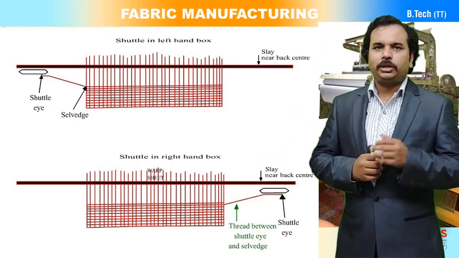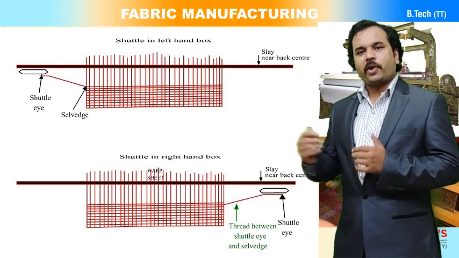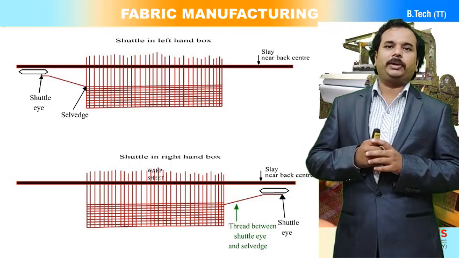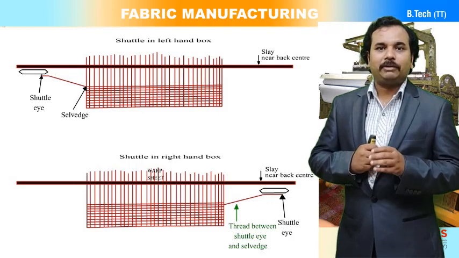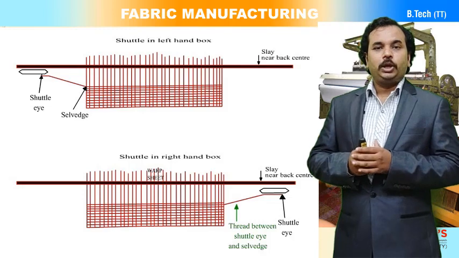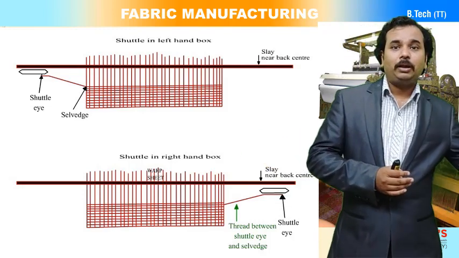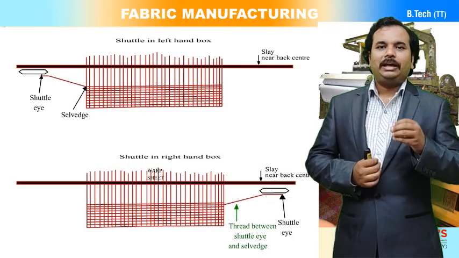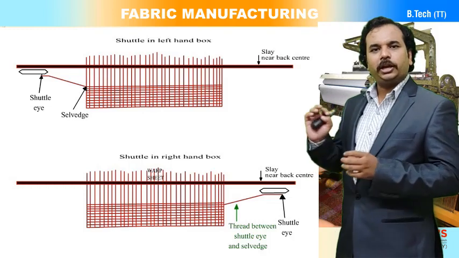Whenever the shuttle is transferring from the right side to the left side, the weft thread becomes slack, depending on the distance. After a particular distance of insertion, it will pull the weft thread from the pirn. So slackness is going to be there in this case.